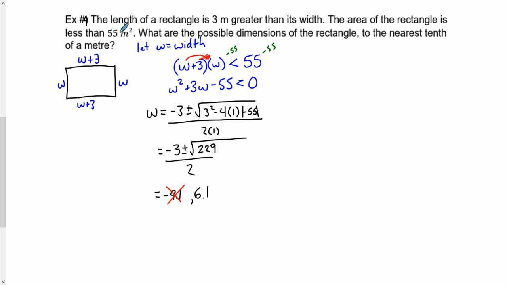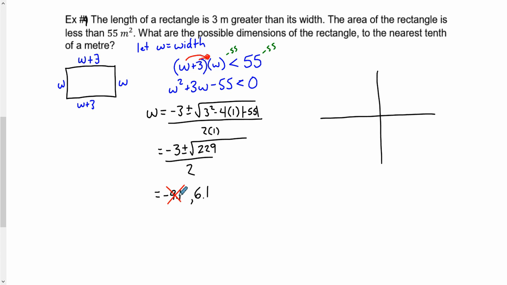Now to put into context, we're not going to do a sign analysis on this one either, just because we don't actually have to. But we do have to understand what the context of the question is.